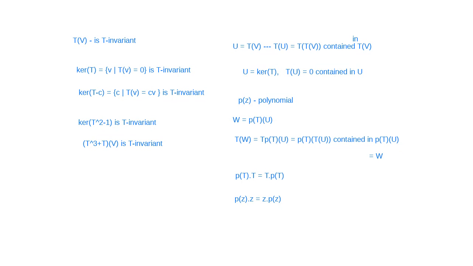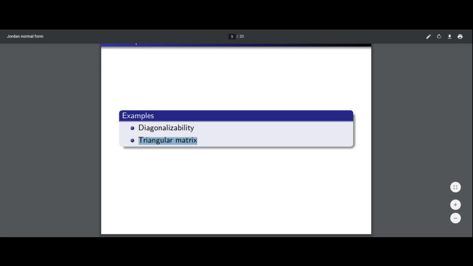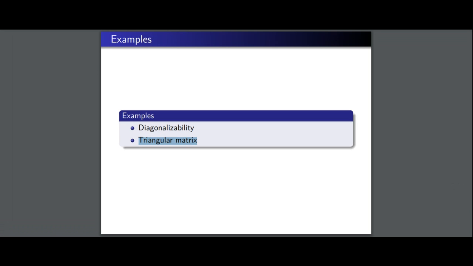Oh yeah, so you can imagine that if a linear transformation is diagonalizable, then you have lots of invariant subspaces. But you also have a lot of invariant subspaces if you have a triangular form for the matrix. So let's think about what a triangular matrix tells us.